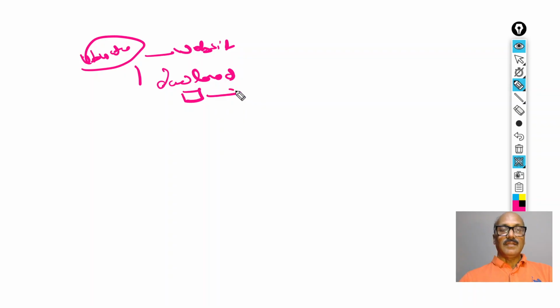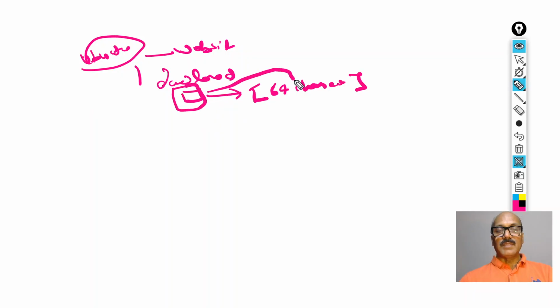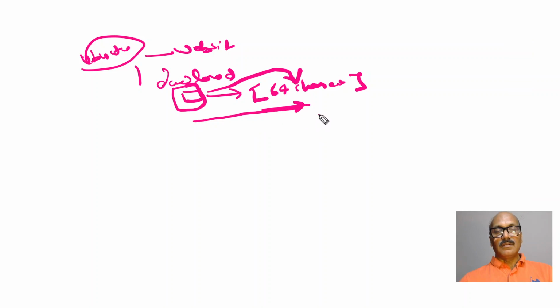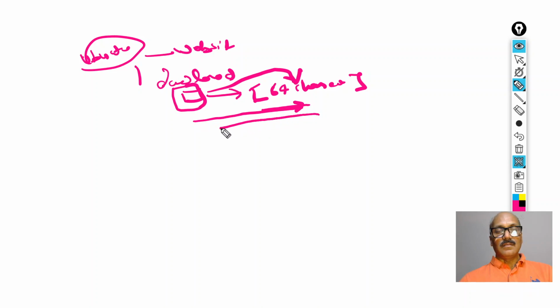Along with the software, they tend to provide the hash: 64 unique characters, fixed length, by which this entire software is represented. Remember, hashing function is one way. You can generate a hash, but using the hash you cannot get this software.